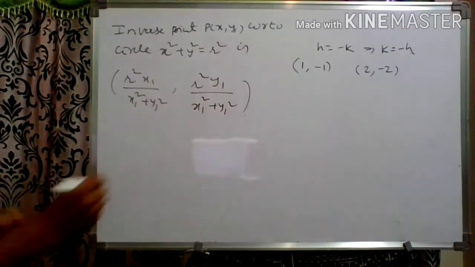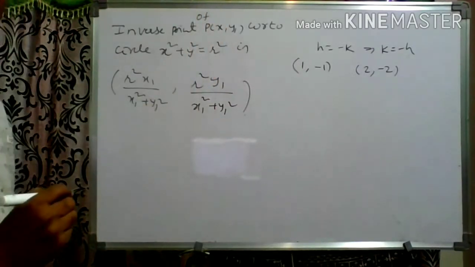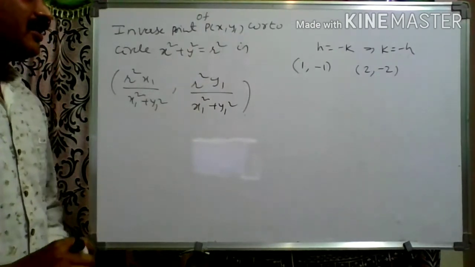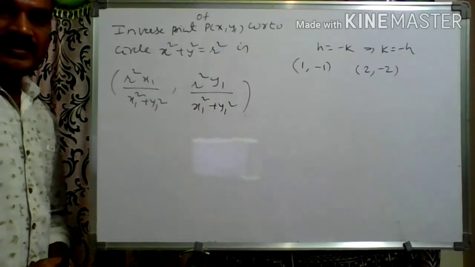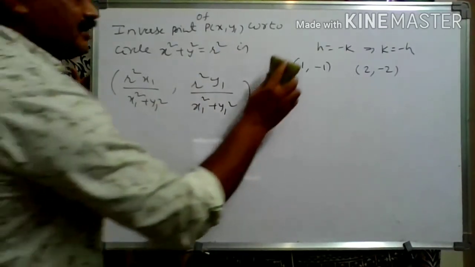Friends, inverse point of P(x1, y1) with respect to the circle x square plus y square is equal to r square is r square x1 by (x1 square plus y1 square), comma, r square y1 by (x1 square plus y1 square). Friends, what is the inverse point?